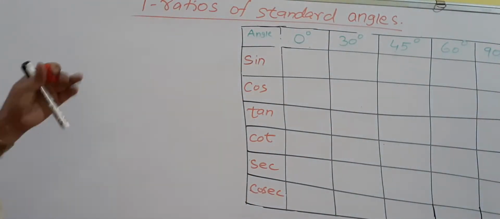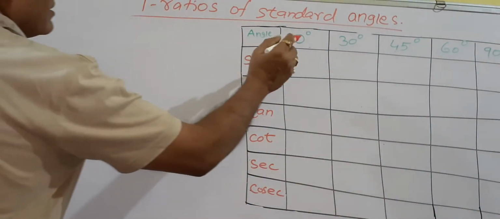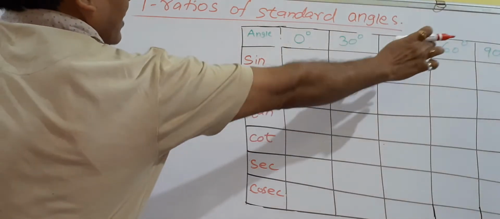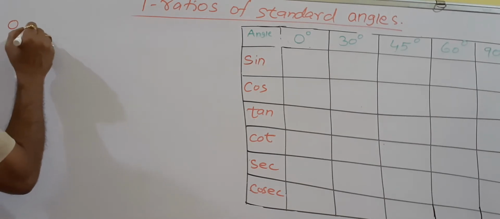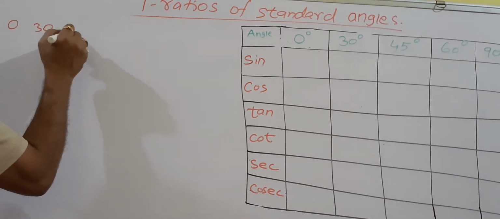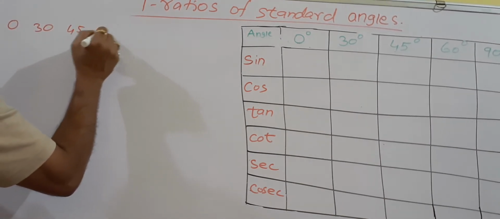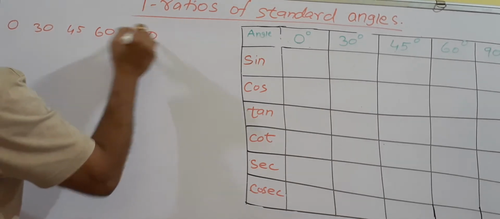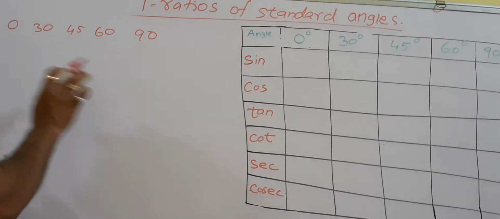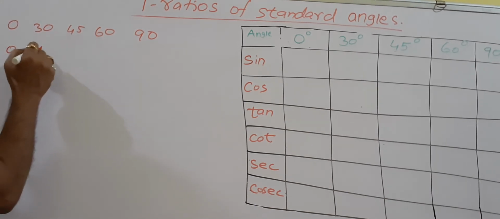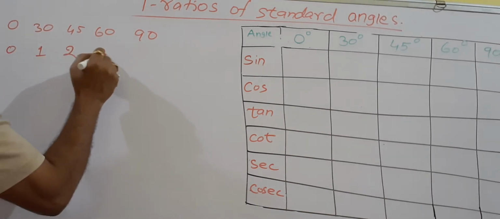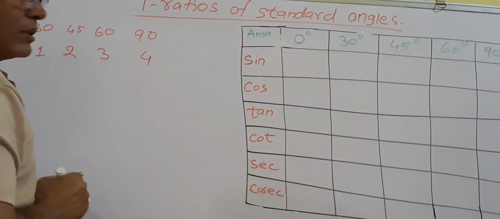Suppose, here we write 0 degree, 30 degree, 45 degree, 60 degree and 90 degree. From one side you put the numbers 0, 1, 2, 3 and 4.